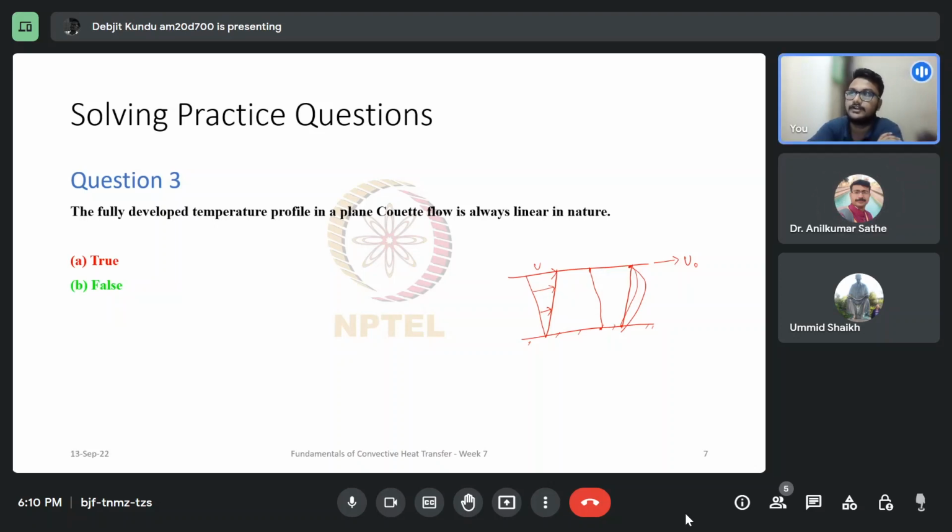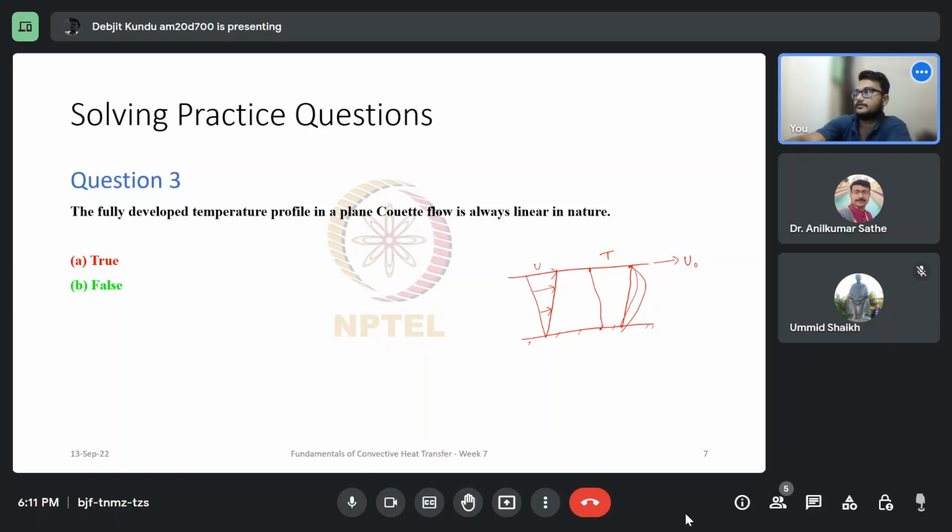That would determine the slope over here. That also we will look at later on. Other than that, if there is any dissipation at all, then it won't be linear, and if dissipation is not considered, then it would be perfectly linear. Whether to consider dissipation or not depends on the value of the Eckert number or Brinkman number. Either of them would guide us towards whether to consider viscous dissipation while writing down the energy equation.